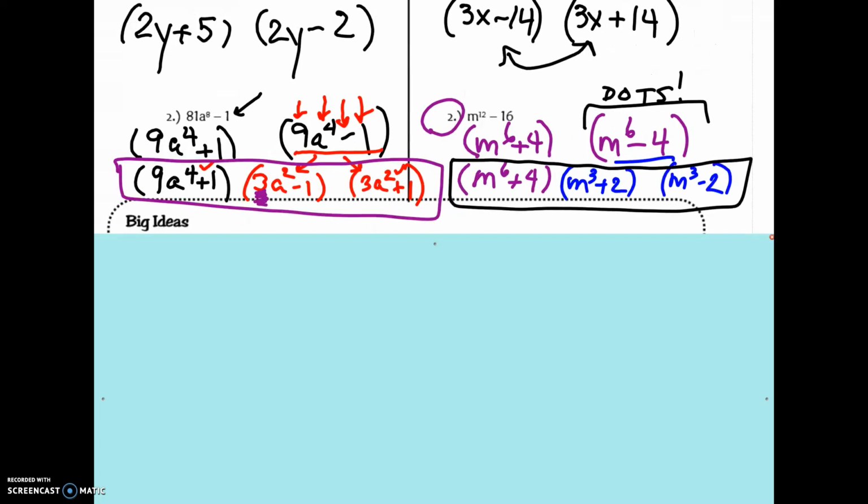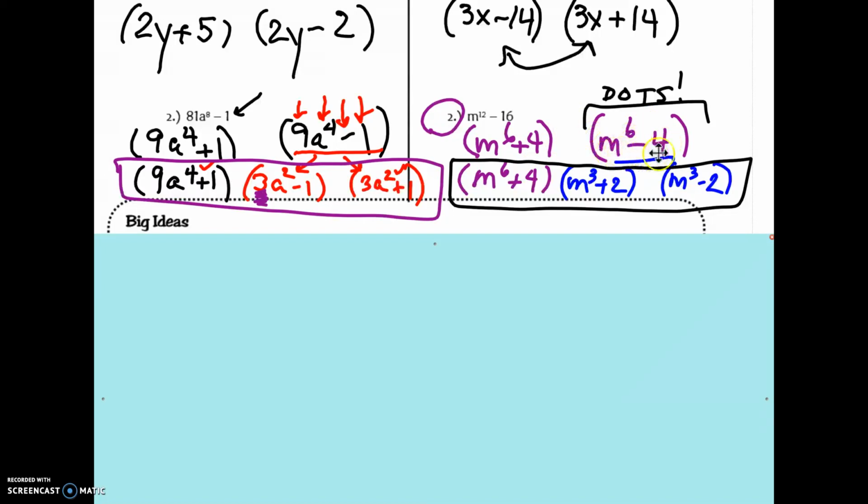Let's see how we did. So hopefully you were able to get m to the 6th plus 4 times m to the 3rd plus 2 times m to the 3rd minus 2. When I factored m to the 12th minus 16, that original polynomial, I saw that I got factors of m to the 6th plus 4 and m to the 6th minus 4.